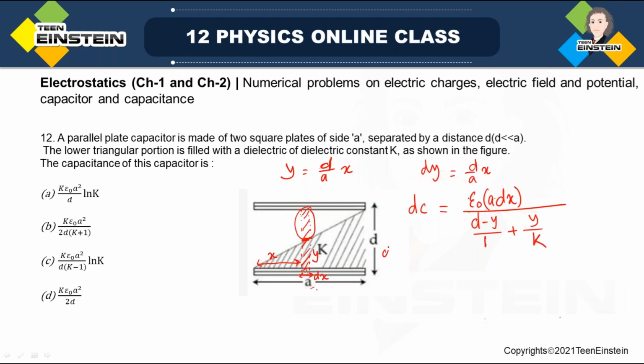And if this thickness dx goes to, like, limit goes to 0, then we can convert this into integration. So integration will be on dx. Here this is not d, the thickness d, this is dx, a into dx.